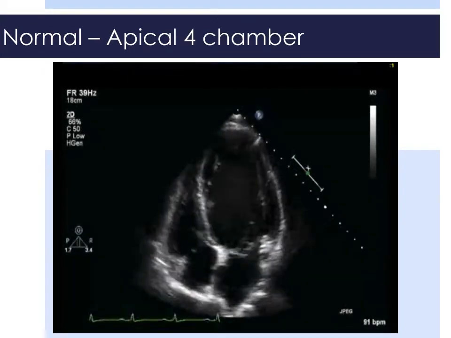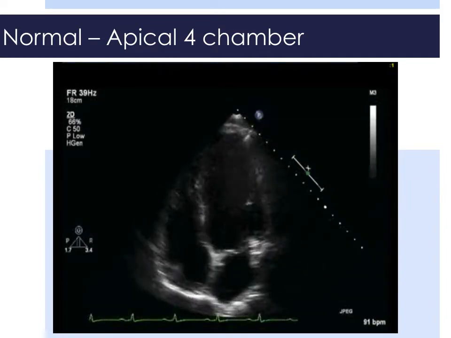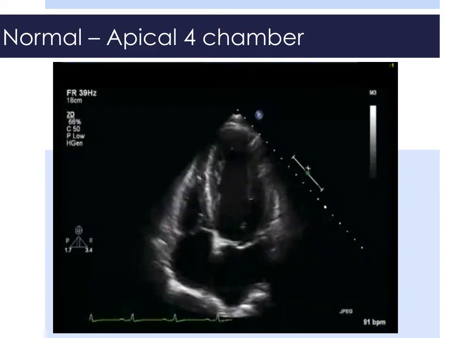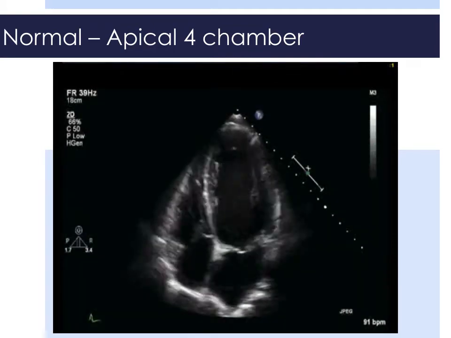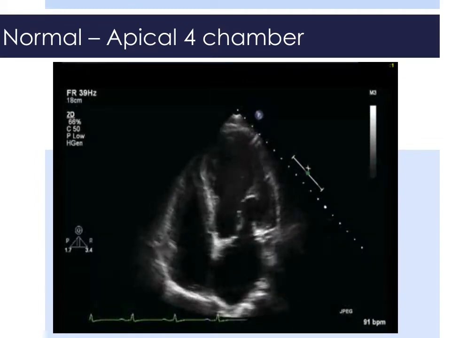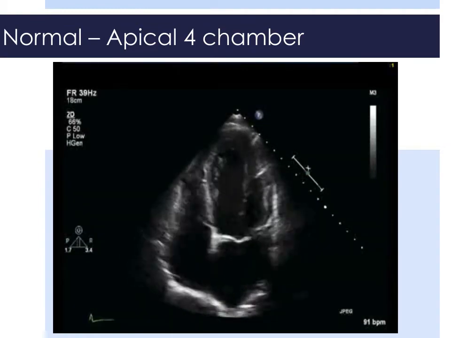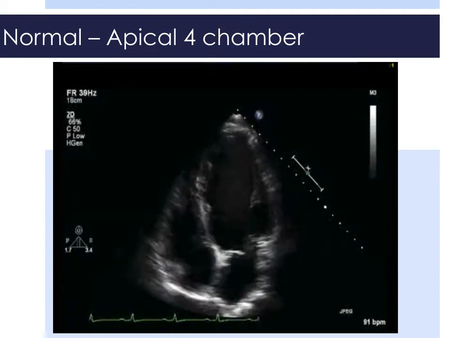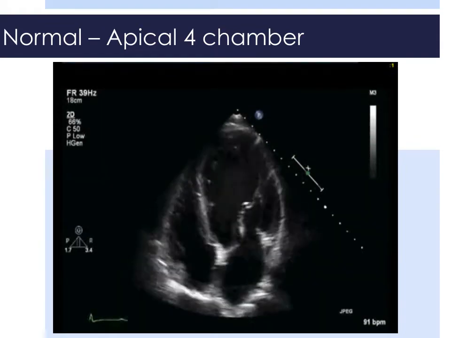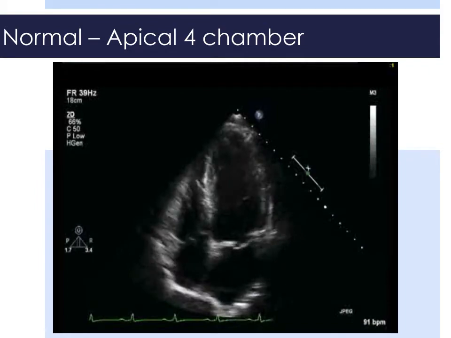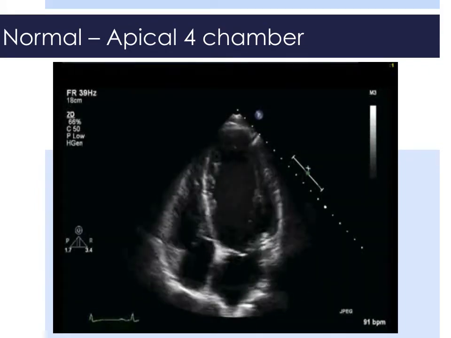In the apical 4-chamber view, we can see the 4 chambers of the heart with a left ventricle which is again dominant in our view. We can appreciate the left ventricle in its length from its base up to the apex. We can see the anterolateral wall and the inferoseptal wall. Similar judgment, we should check whether the walls are thickening all together and moving together towards the center of the cavity.